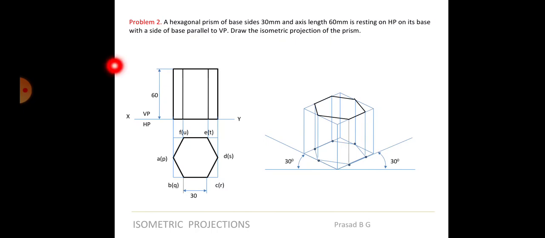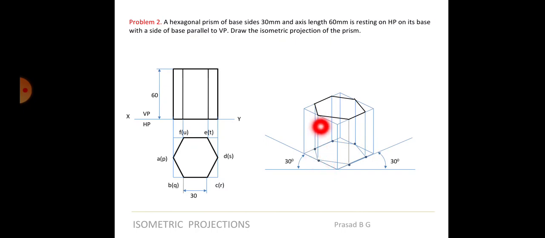So if you observe carefully, this total hexagon is of course visible. What about this line? Will this be visible? Yes, it is visible. Okay. What about this line? This is also visible. What about this line? This is also visible. What about this line? This is also visible. So if I'm doing the naming, if I'm not wrong, this is A, right?